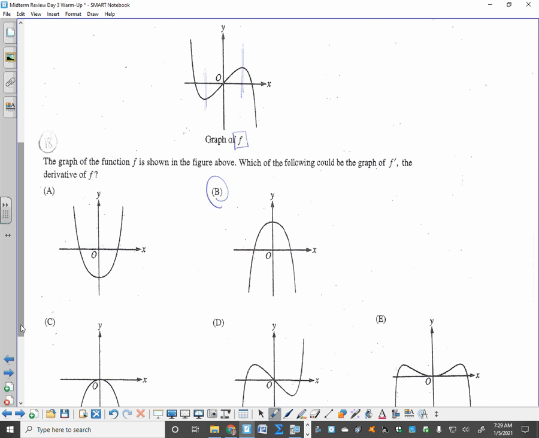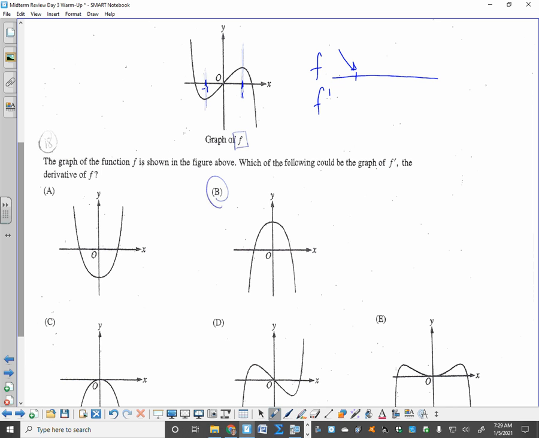Okay, graph of the function f. This is f shown in the figure above, which of the following could be the graph of f prime? So if this is the graph of f, I could do this: f is decreasing to, I'm going to make some numbers up, I'm going to call them -1 and 1.